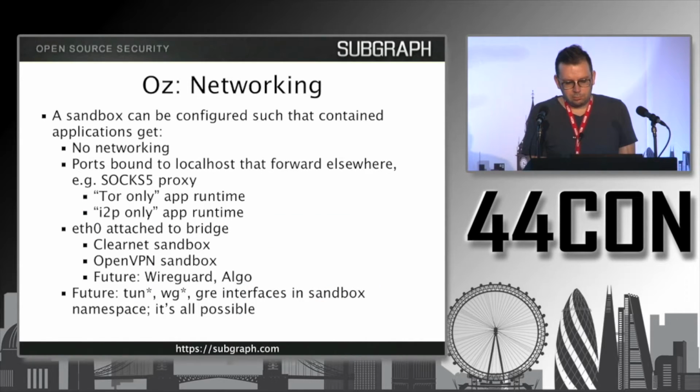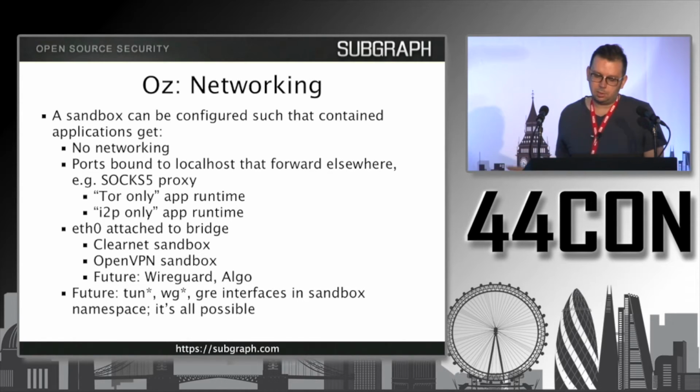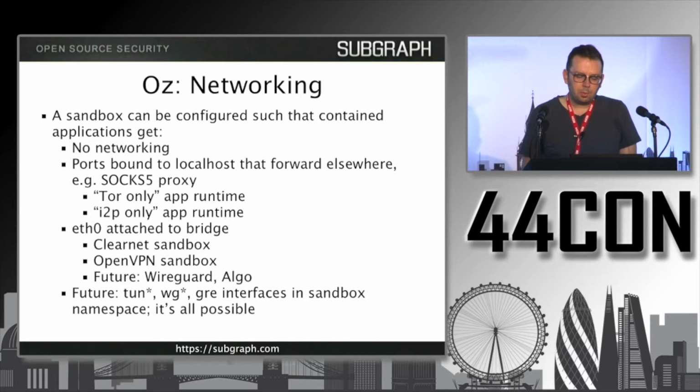So our sandbox offers complex networking capability, increasingly complex networking capability. The sandbox can be configured, and the parameters are in a JSON file. You can tell it no networking. You can forward ports from inside the sandbox, ports that are bound.